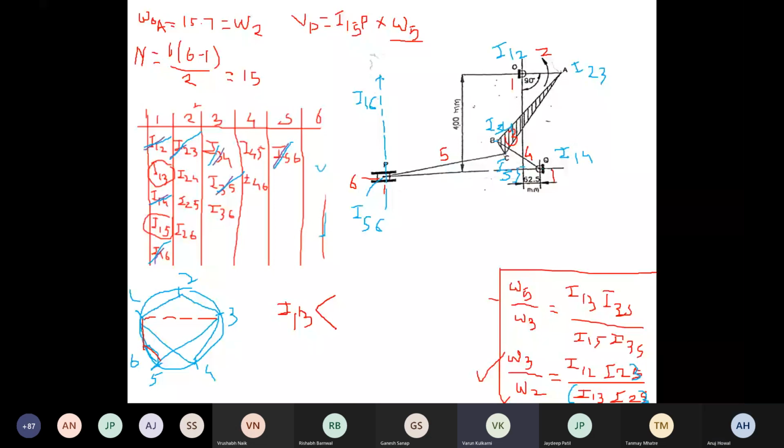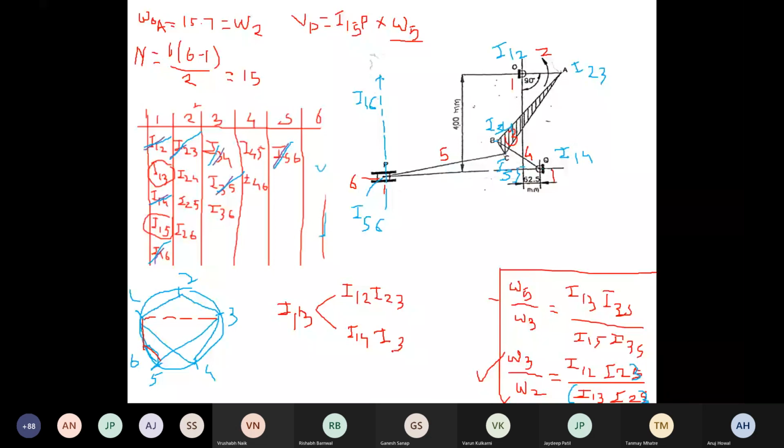Correct. Means you will get here 1, 2, 3, means I12 and I23. And the second line you will get by using the triangle 1, 4, 3, means I14 और second one कौन सा line number रहेगा? I34. Correct. I34.